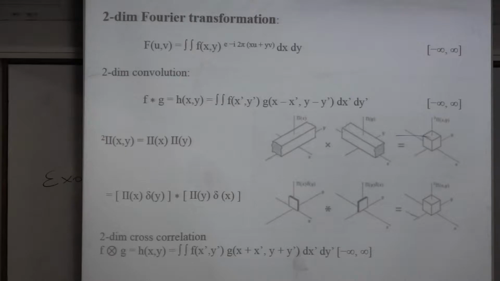But you could do it differently too. If you take a pi of x times a delta function, convolved with a pi of y times the delta function, which is just a very thin sheet, convolved with just another very thin sheet, delta-wise, and that also makes this block.